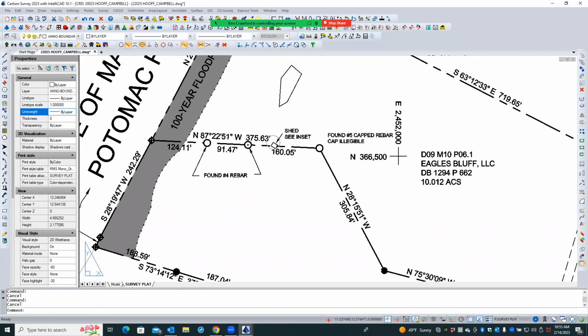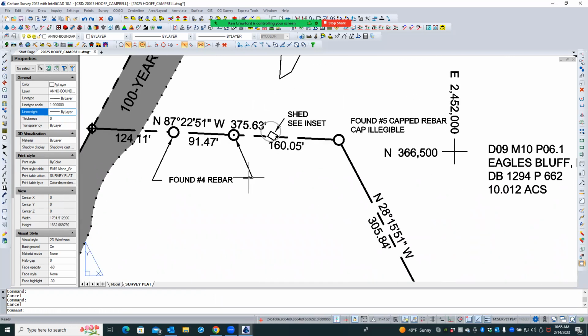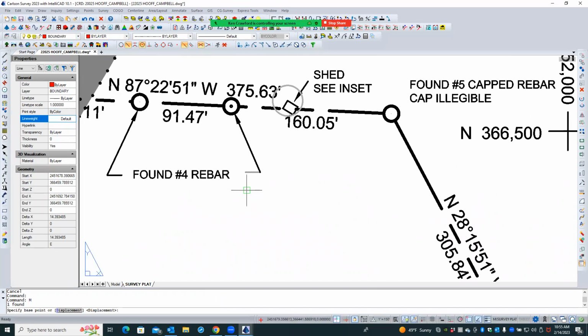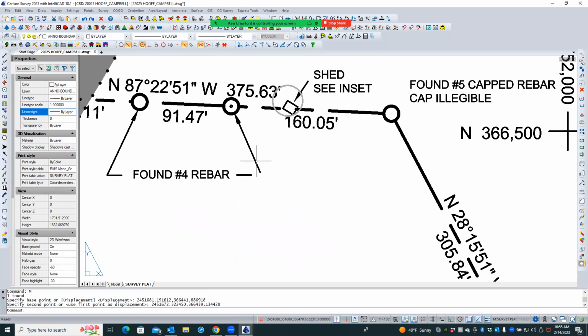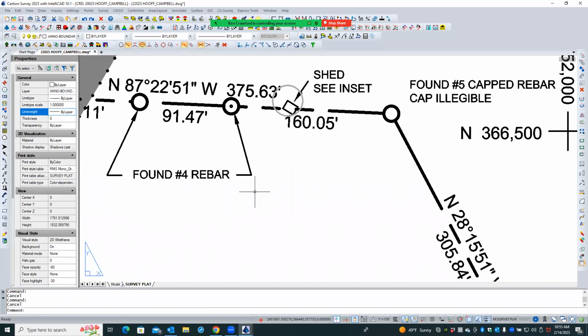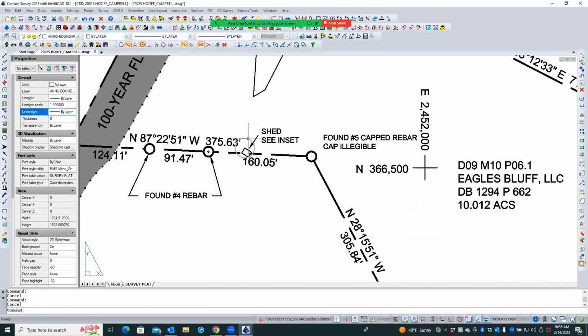All righty. That is your inset line here.